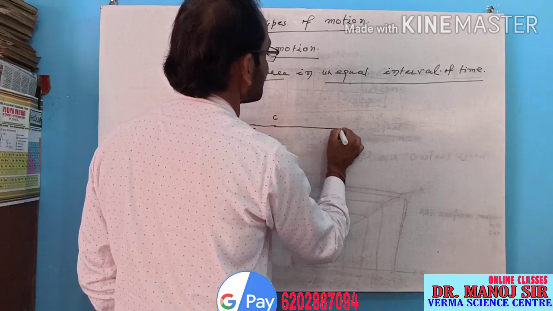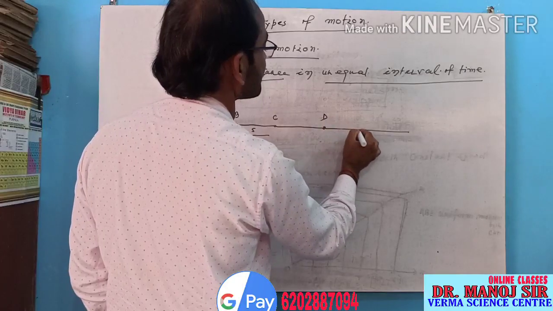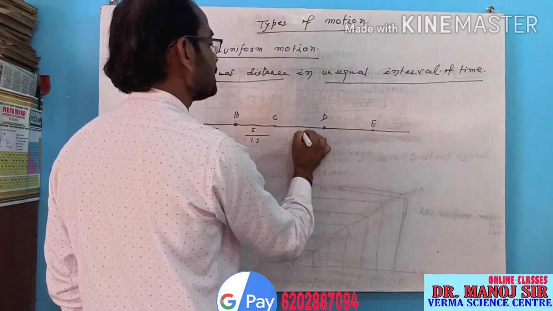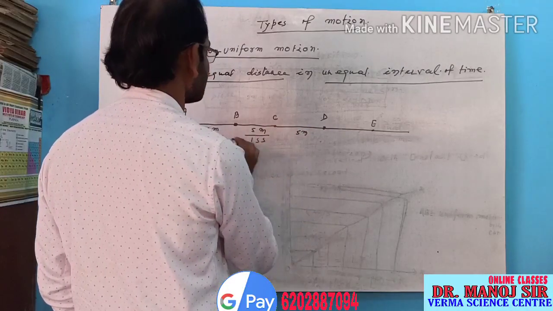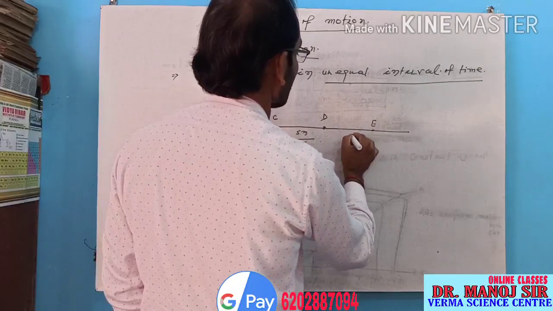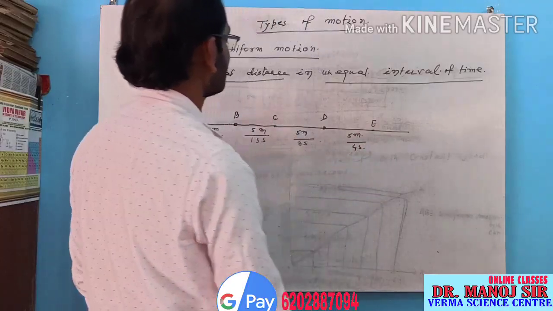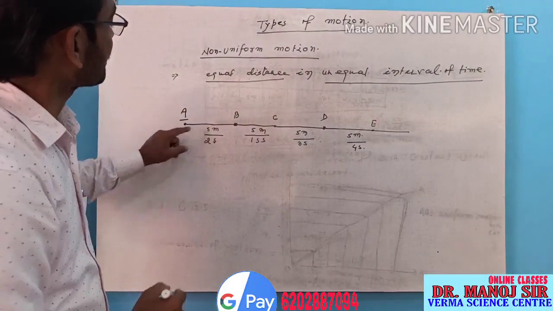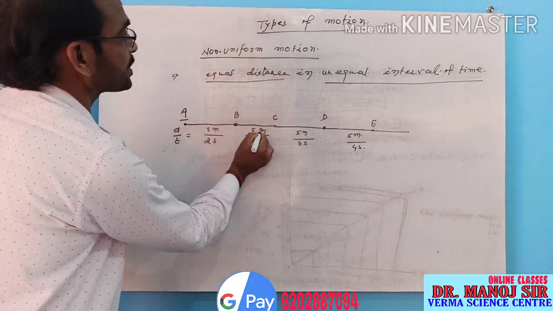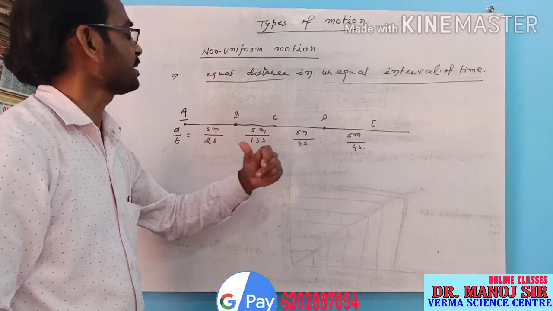Gradually it reaches D and E, covering 5 meters within 3 seconds, and 5 meters during 4 seconds. Here the distance travelled is similar, 5 meters and 5 meters, where the time taken is different.